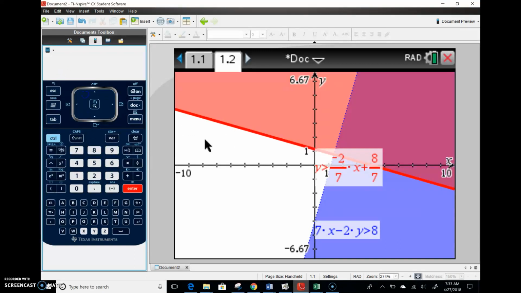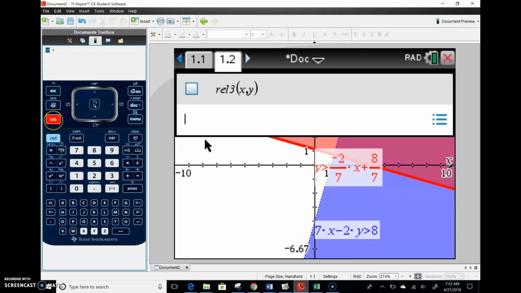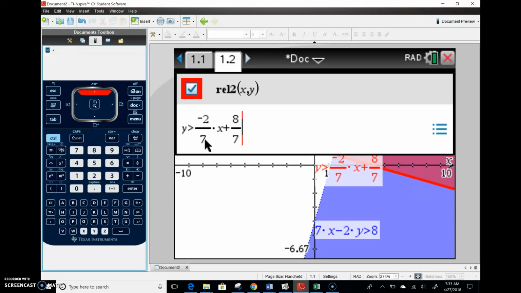See, that's not correct, right? So I have to change it. What I'm going to do is just change the numbers on, see, that was G, right?